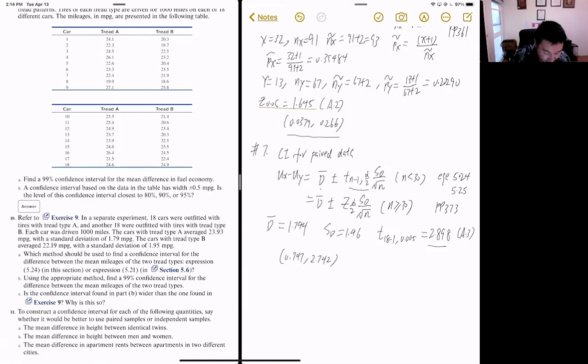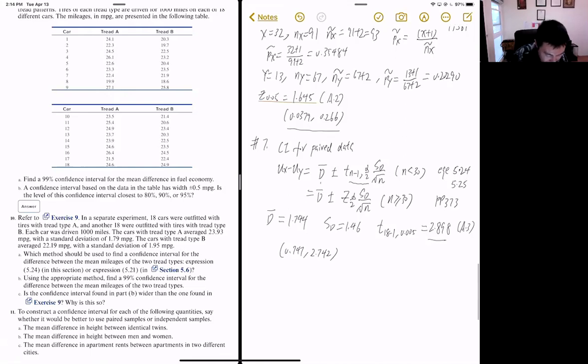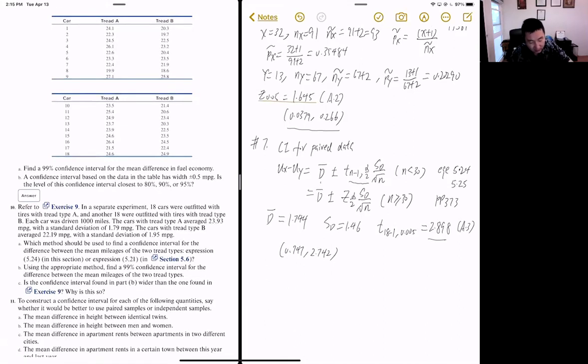The cars with tread A averaged 23.93 mpg, with a standard deviation of 1.79. The cars with tread type B averaged 22.19 mpg, with a standard deviation of 1.95. Question A: which method should be used to find the confidence interval for the difference between the mean mileage of the two tread types?